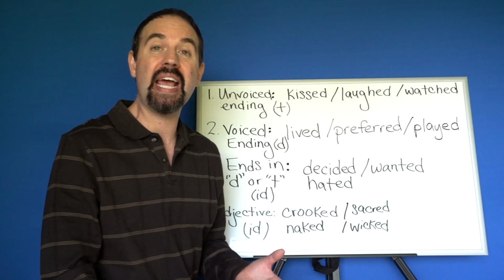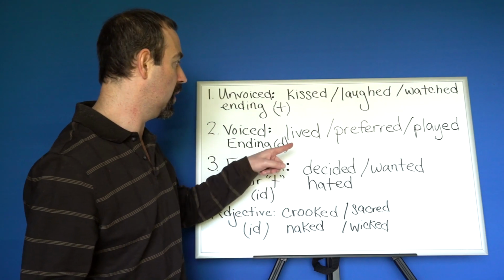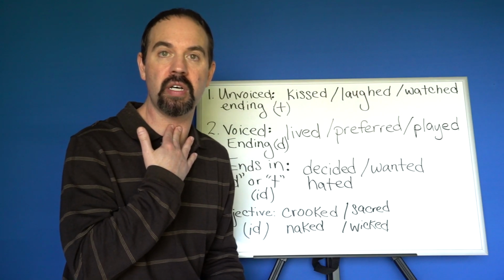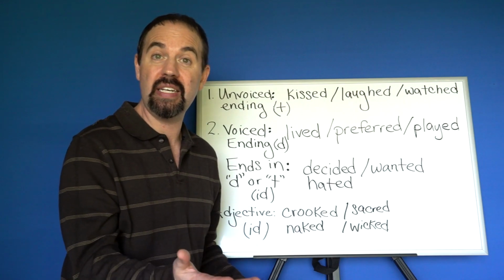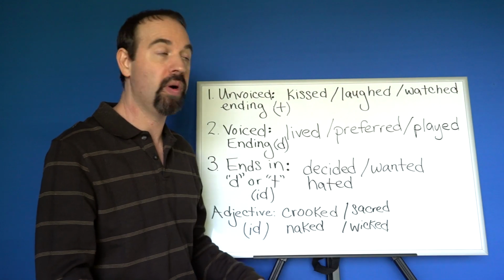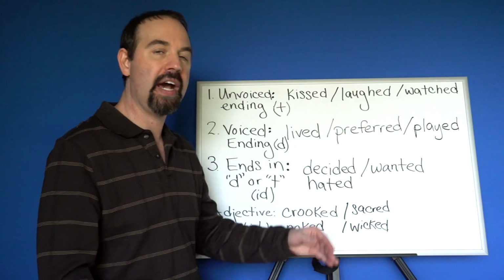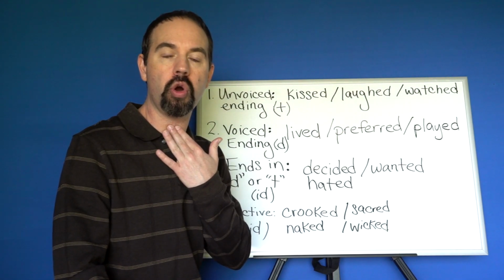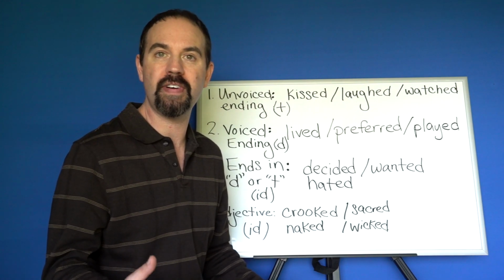Here we have words that have a voiced ending before we add the ed. That means that they end in a sound that has vocal cord vibration. Live, v, v, live. When that happens and we add the ed, the sound becomes a D sound. So lived. Here we have prefer. The R in English produces vocal cord vibration.